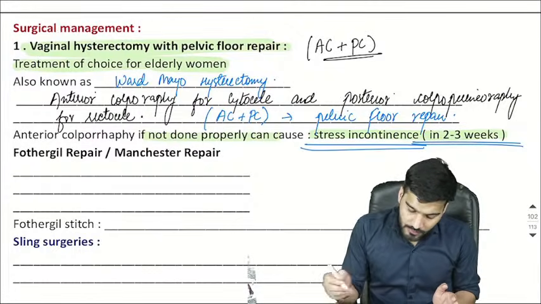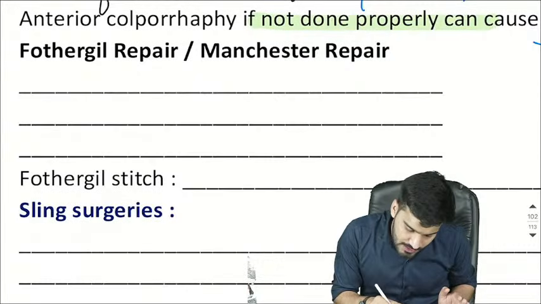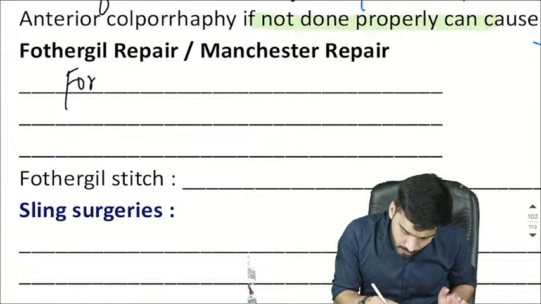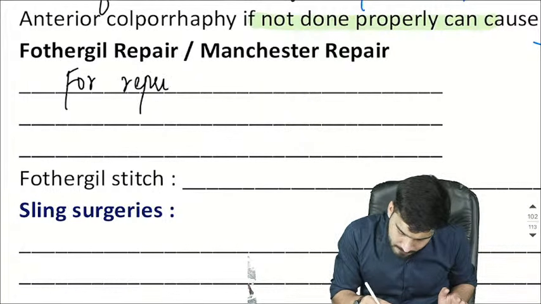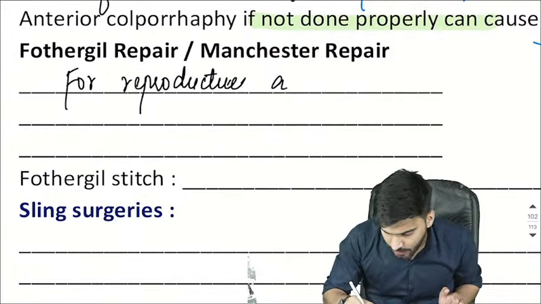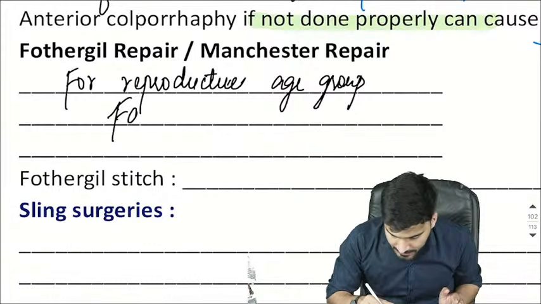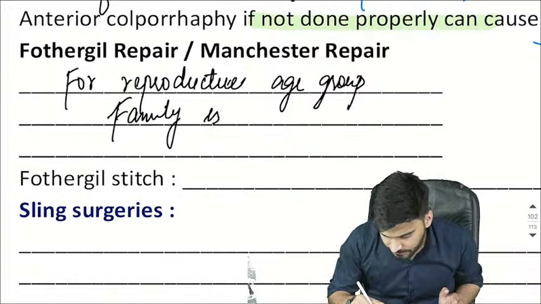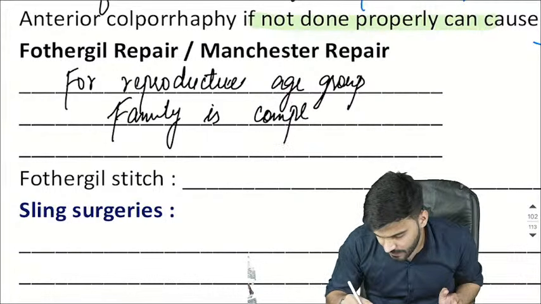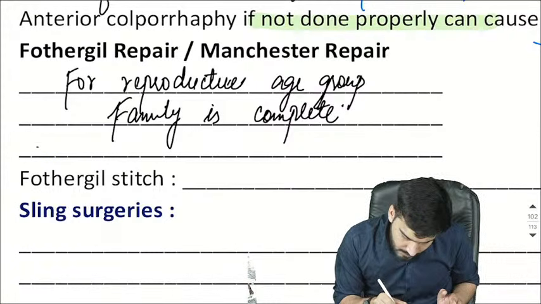Now next to that, we have the Fothergill repair or Manchester repair. It is for the reproductive age group, where the family is complete. So we go for two steps.